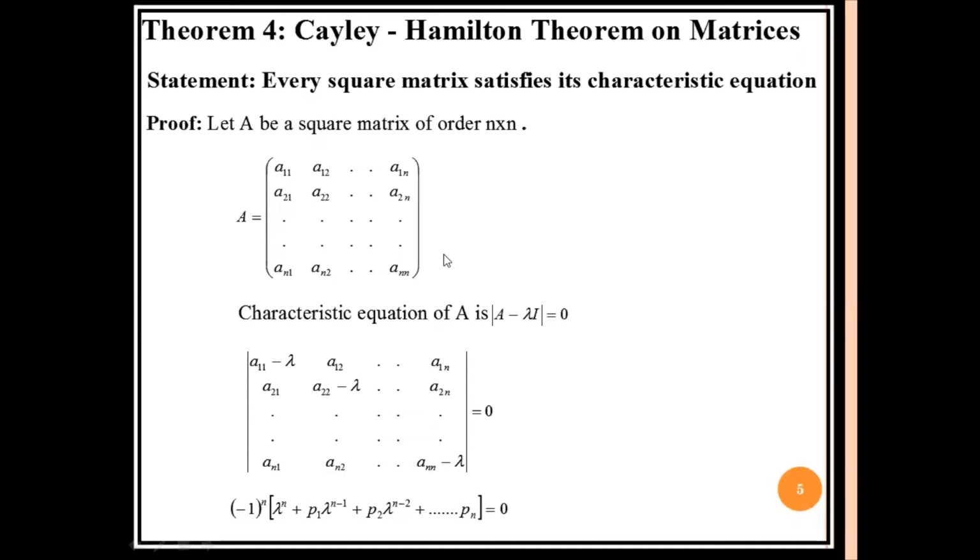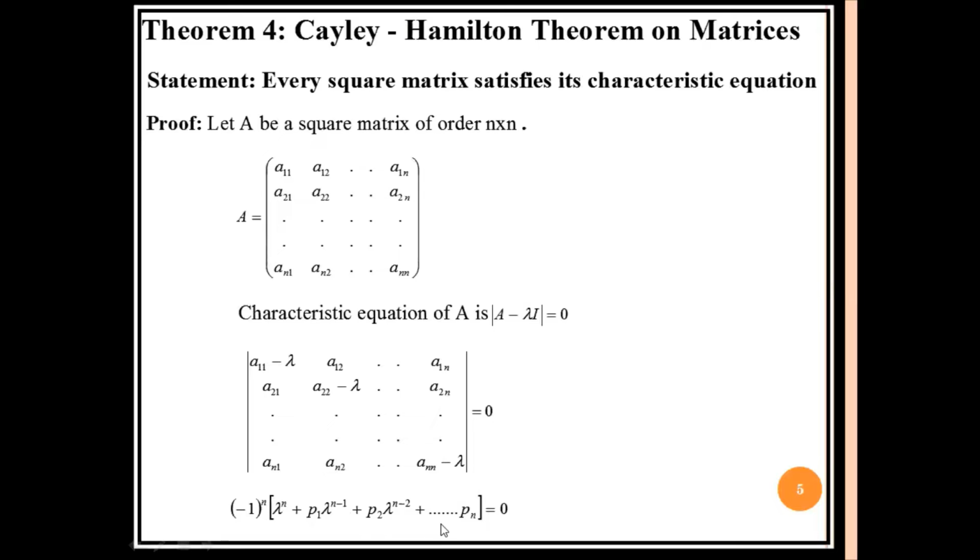This is an n by n matrix, so we get a characteristic equation which is an nth degree polynomial in lambda. Also, since all the lambda terms are negative, we take minus 1 to the power of n as a common factor, multiplied by a polynomial in terms of lambda, an nth degree polynomial.